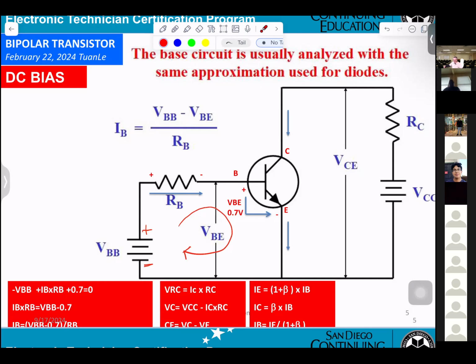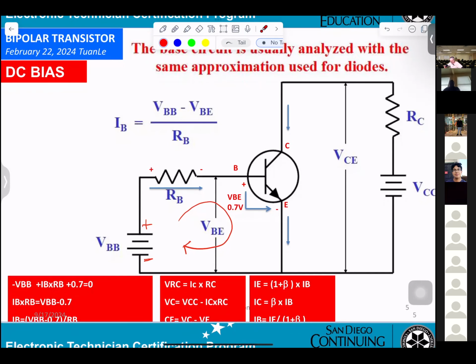So that's why plus 0.7 volt equals 0. Okay. From this coming up with IB. Okay. IB equal VBB minus 0.7 volt divide RB.